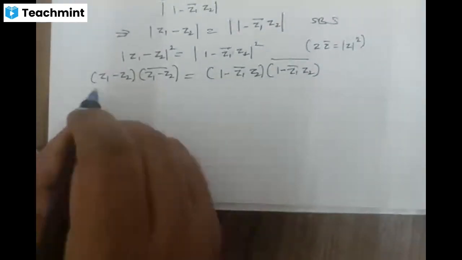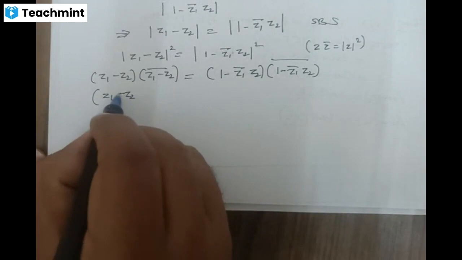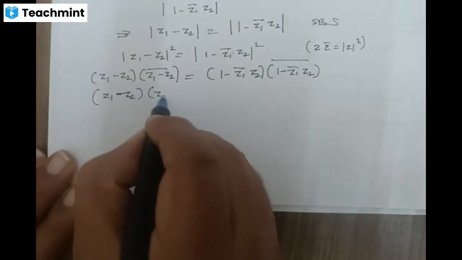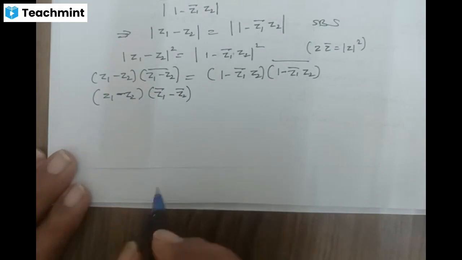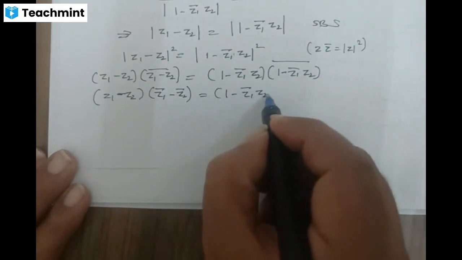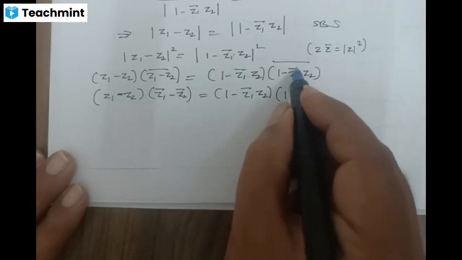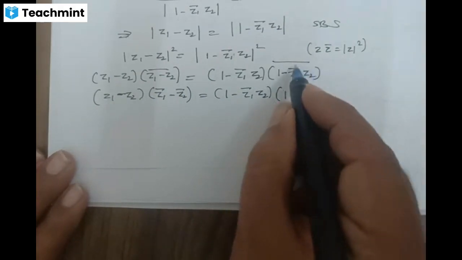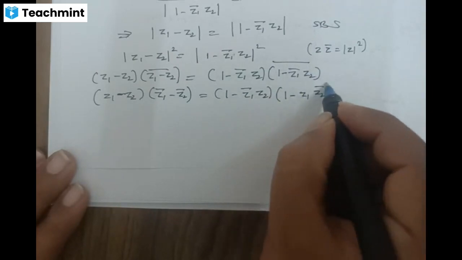So this can be written as (z1 - z2)(z1 bar - z2 bar) equal to (1 - z1 bar z2)(1 - z1 z2 bar), since we have to take the bar of the whole thing.